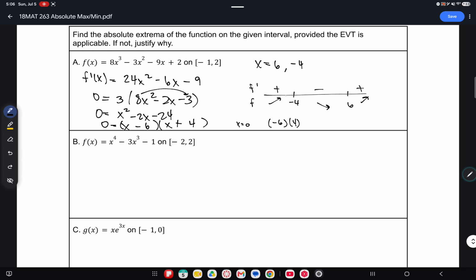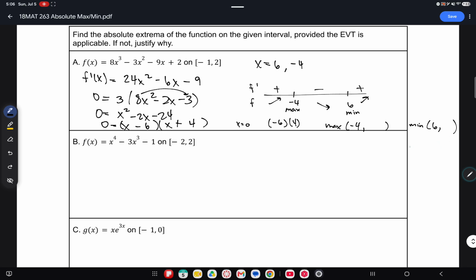So changing from increasing to decreasing, we have a maximum at negative 4. And changing from decreasing to increasing, we have a minimum. And we can plug in and get what those actual points are. So we have a maximum at negative 4 and a minimum at 6.